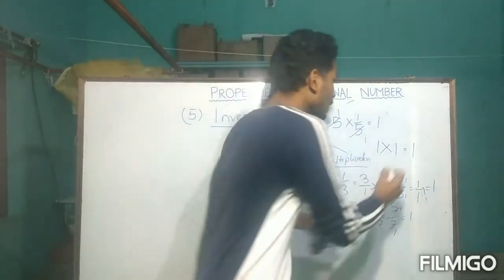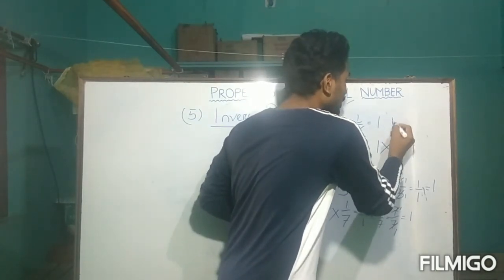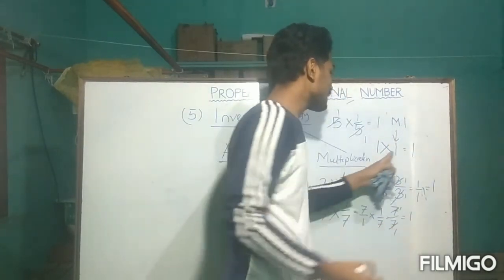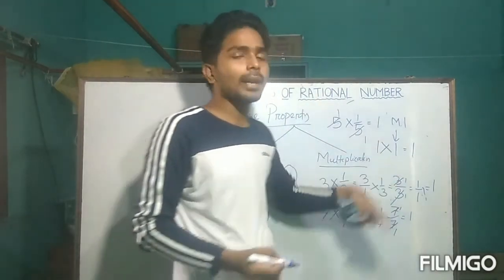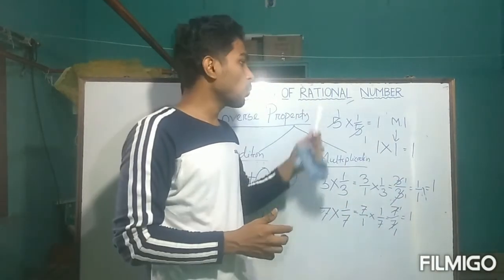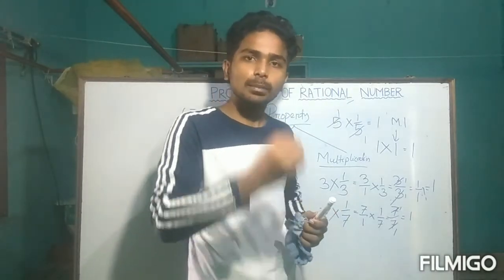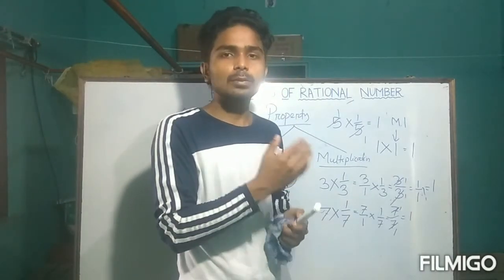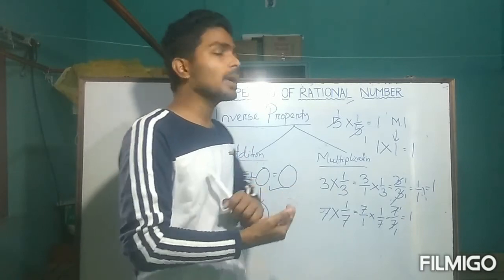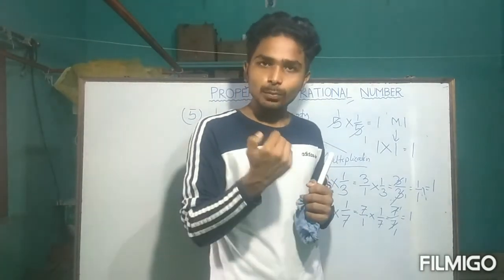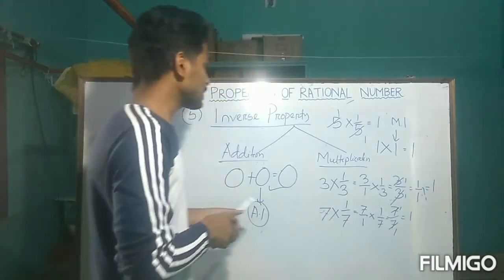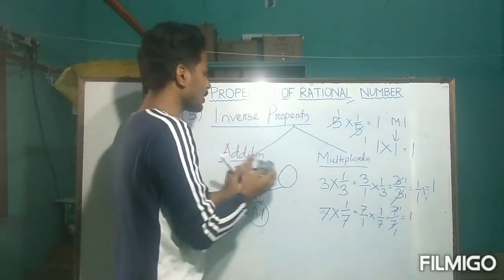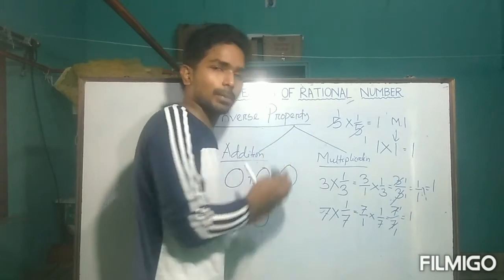So what is the multiplicative inverse of 1? Say 1. ताले एक का multiplicative inverse के 1. So we can say that 1 is the multiplicative inverse of itself. We have a question arise. Which one is the multiplicative inverse of itself? So 1 is the multiplicative inverse of itself. Understood? So this is all about inverse property of addition as well as multiplication.